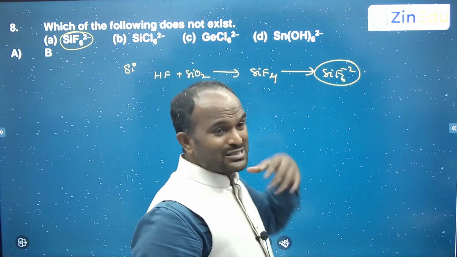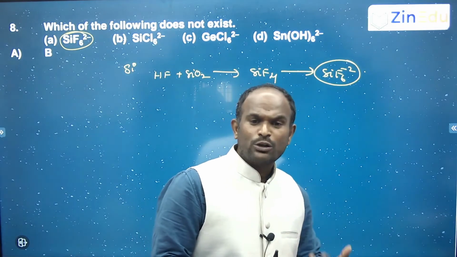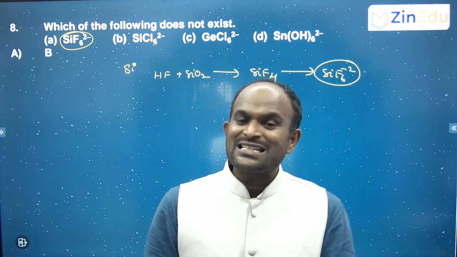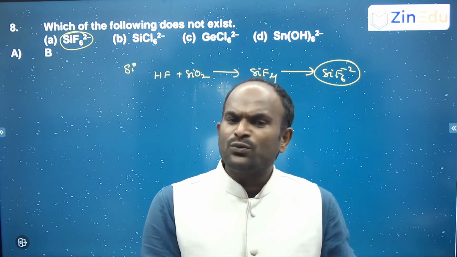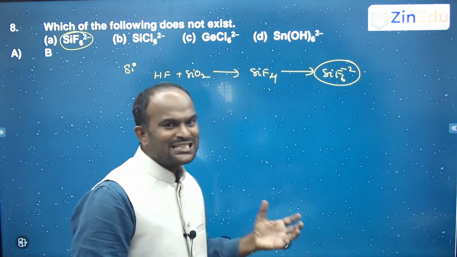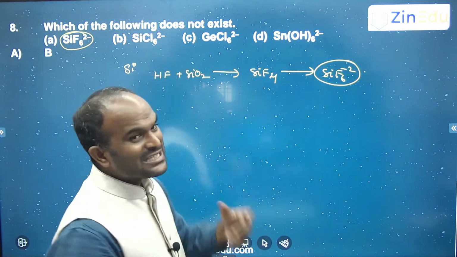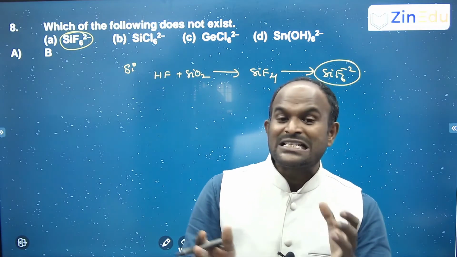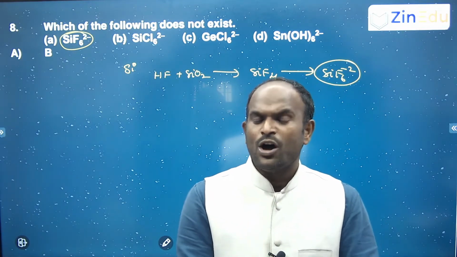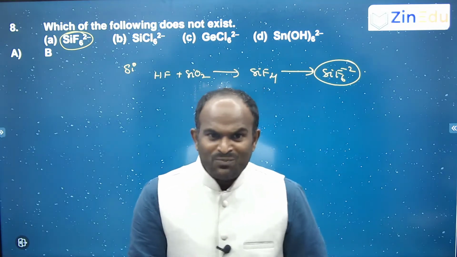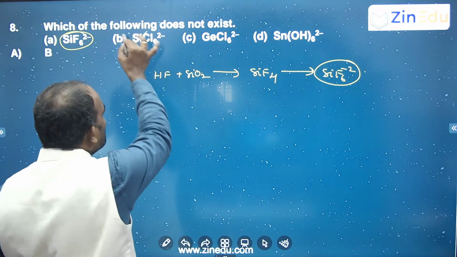But here, does silicon have d orbitals or not? Yes, silicon has vacant d orbitals, but the fluorine size is very small. Therefore, it is able to form SiF6 minus 2. That is absolutely correct. But when it comes to SiCl6 minus 2, chlorine size is bigger. That's why the smaller silicon cannot accommodate 6 chloride ions around itself, so SiCl6 minus 2 does not exist.